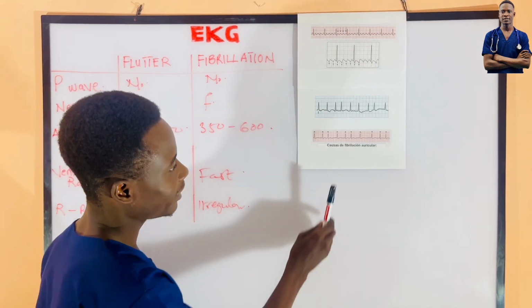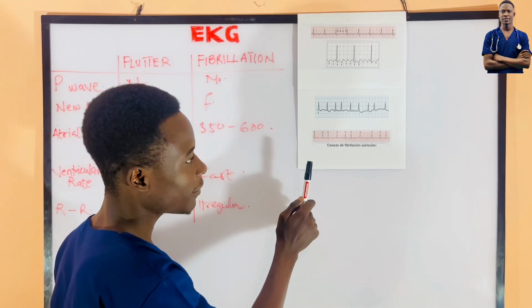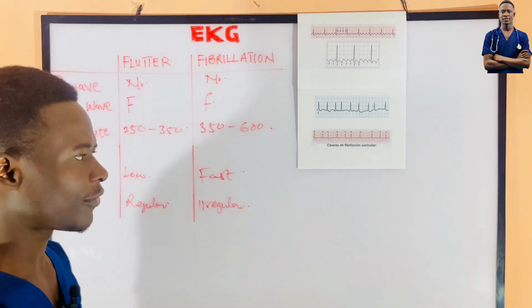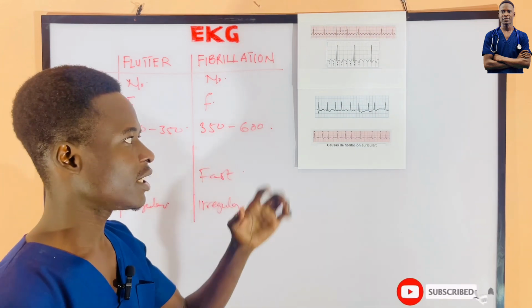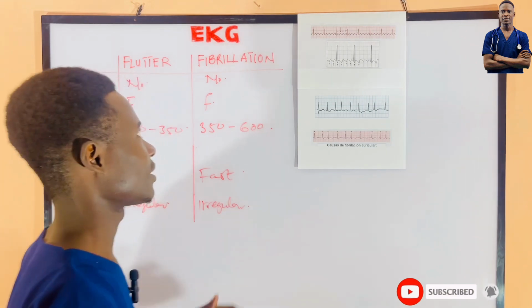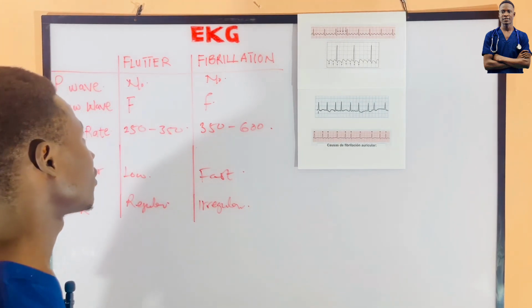And you can also identify it from here. From this R wave to this R wave, it's different from this R wave to this R wave. So when you take the graph and you see irregularity of the R waves, it must give you the first impression of going for atrial fibrillation more than the flutter.